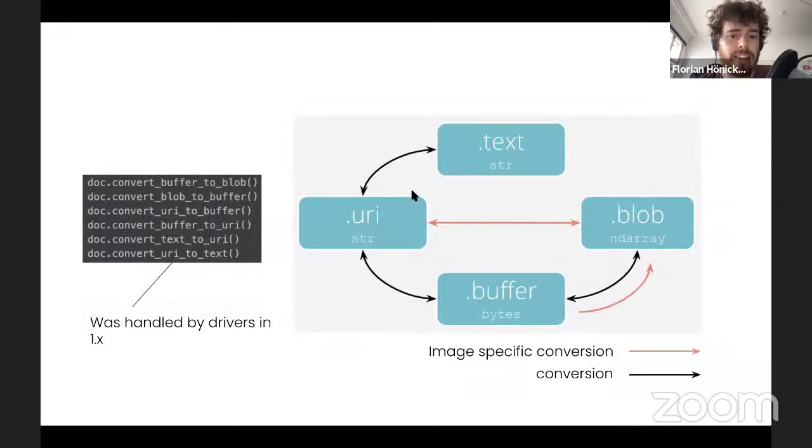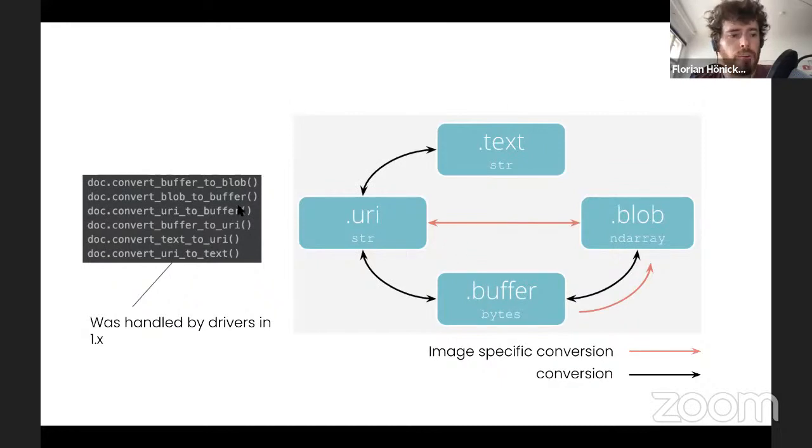This text, URI, buffer, blob, it's actually one attribute, the content attribute. It means only one of these document attributes can be set at a given time. Think of it like if you have an image, you want to represent this image as an ndarray, for instance. It just doesn't make sense to have it stored as a buffer at the same time, because this costs more memory.